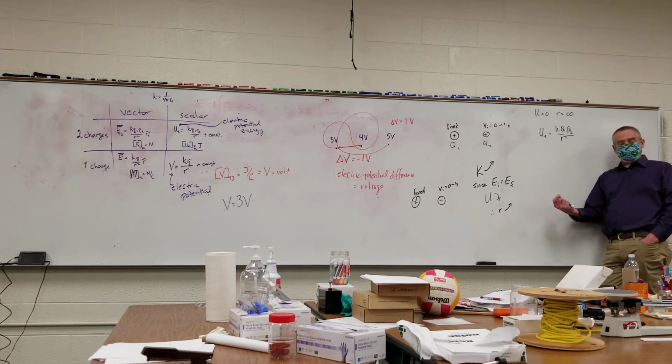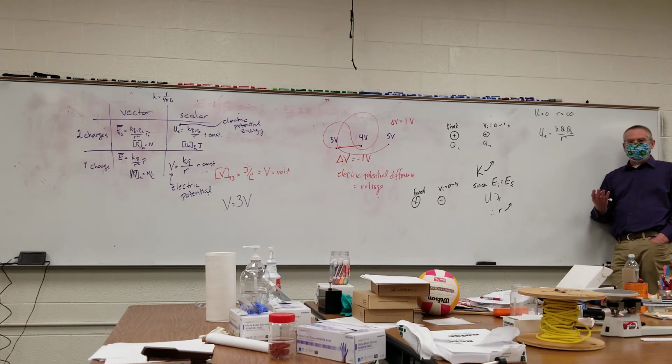I'll agree that they will get closer. Otherwise, what we've been doing for the past several weeks is completely wrong. However, from a math point of view, if they get closer, that means R gets smaller.